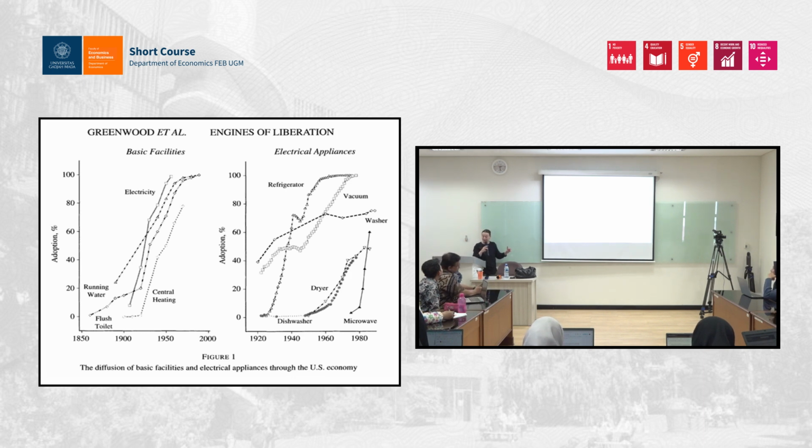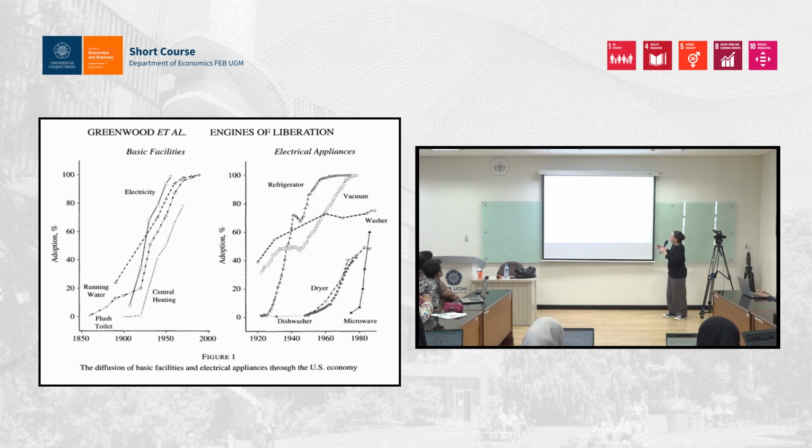You see that we go to an adoption rate of 100%. When we get to 2000, we have almost 100% here. What is the 100% line? It is flush toilets, running water, electricity. But if you take central heating, even in 2000 it's still very high, but it's 80% of the households in the US that have central heating.